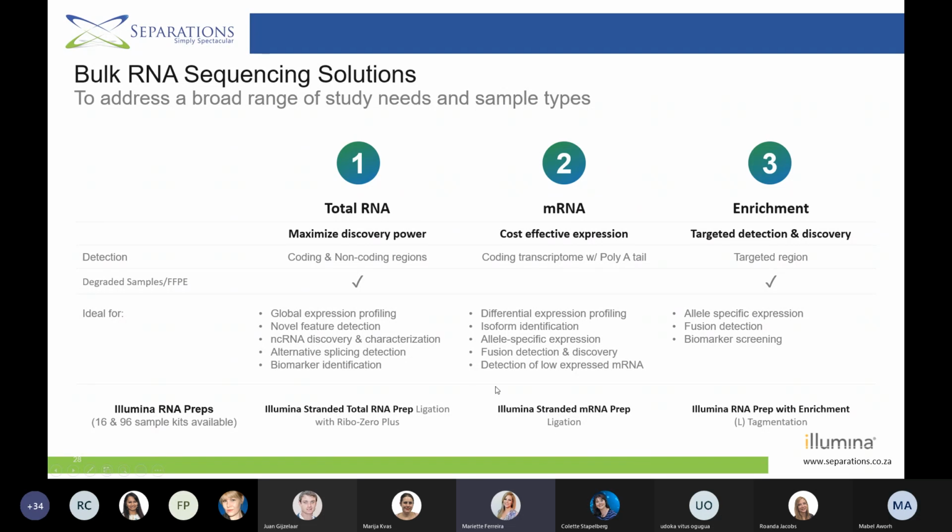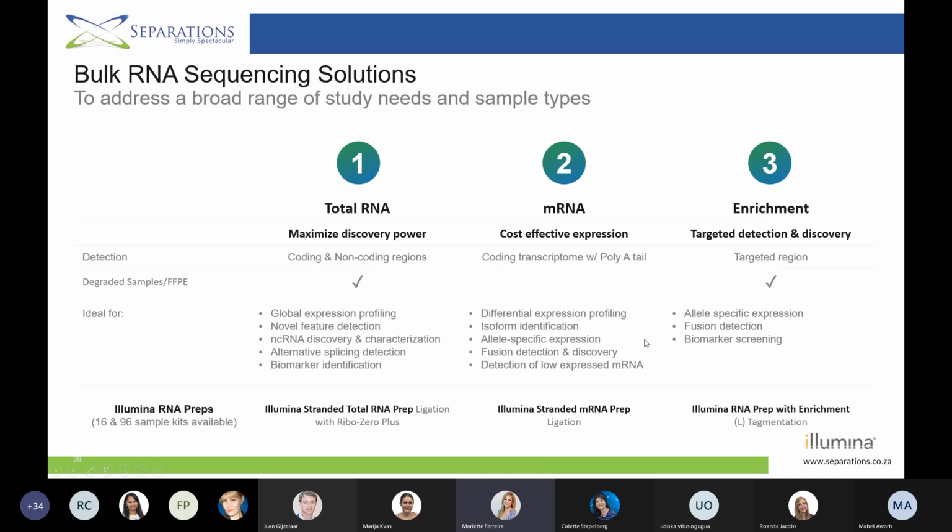There we would suggest something like the new Illumina Stranded Total RNA Prep, a ligation-based prep kit with Ribo-Zero Plus. The mRNA prep is a more cost-effective way, but this only looks at your coding transcriptome. Here we would use the poly A tail to capture the messenger RNA.